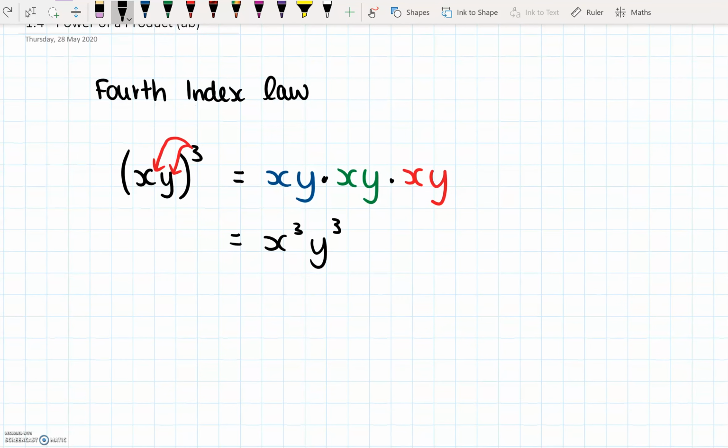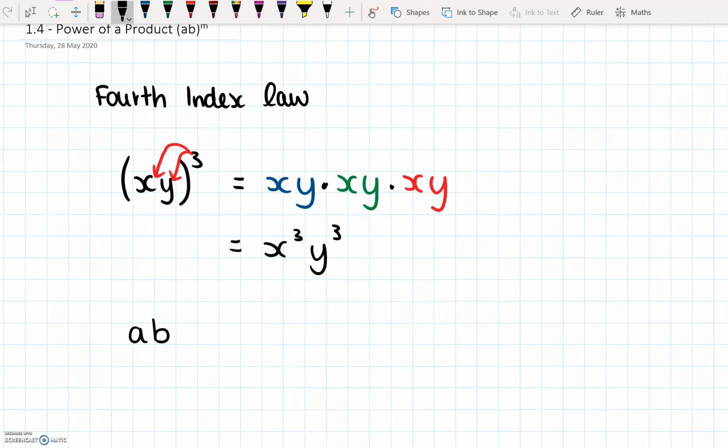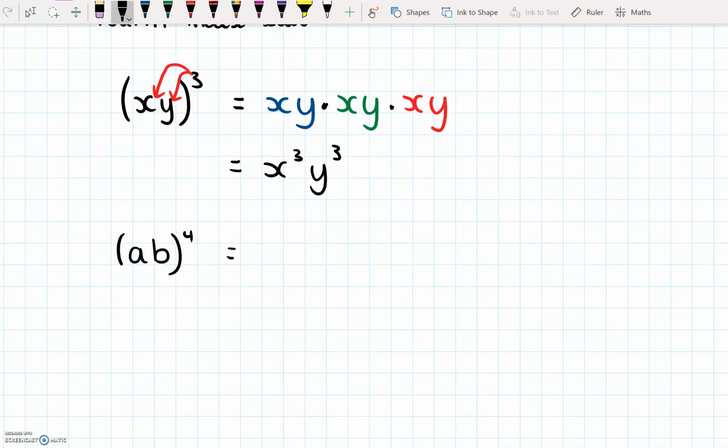All right, so let's have another look. It doesn't get any harder than this. If we have, for example, (ab) to the power of 4, I'm not going to write it all out the long way, it's just a to the power of 4, b to the power of 4.